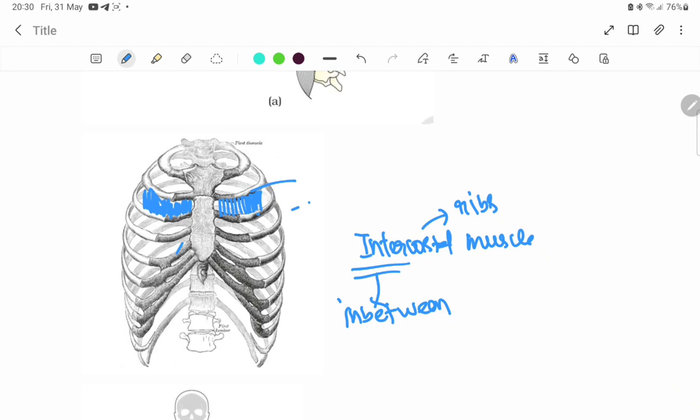So these muscles are present between the ribs. Actually there are 2 intercostal muscles. One is present outside and one is present inside. The muscle which is present outside is called the external intercostal, and the muscle which is present inside is called the internal intercostal muscle. In the process of breathing, the external intercostal plays an important role.